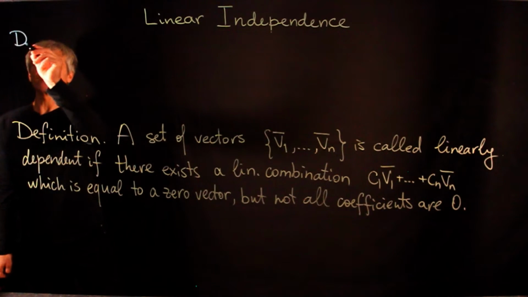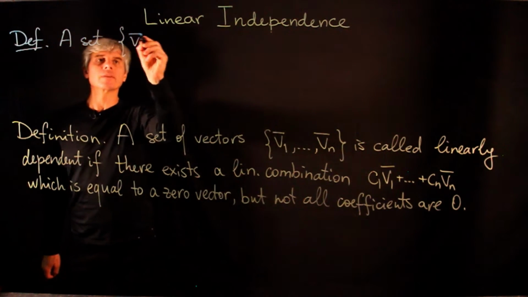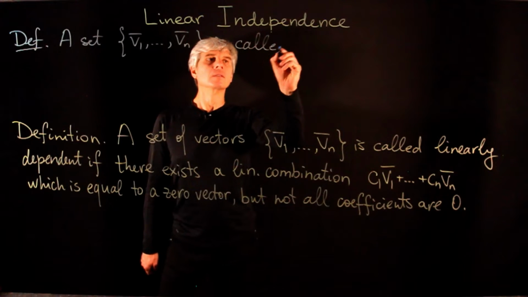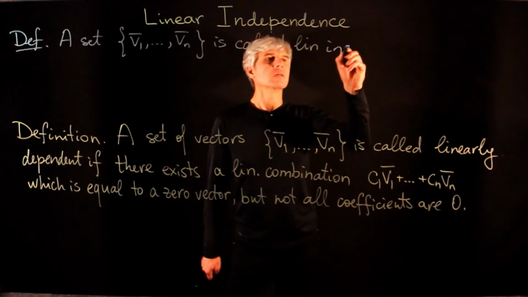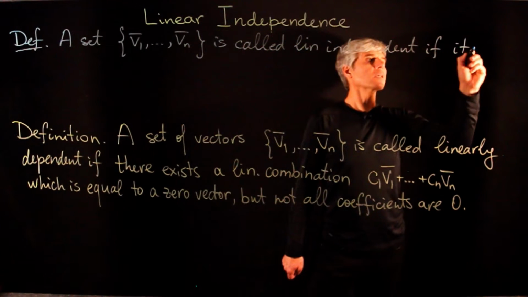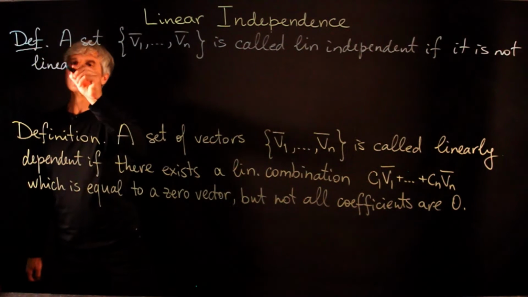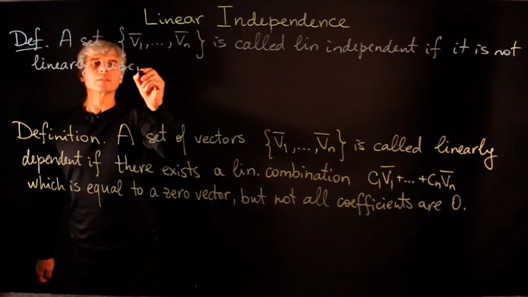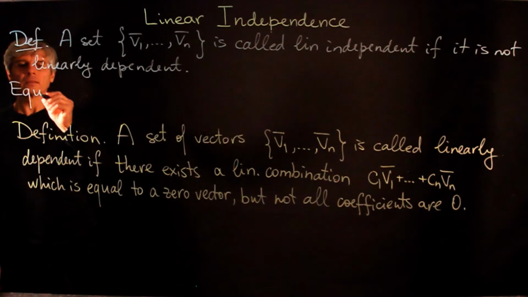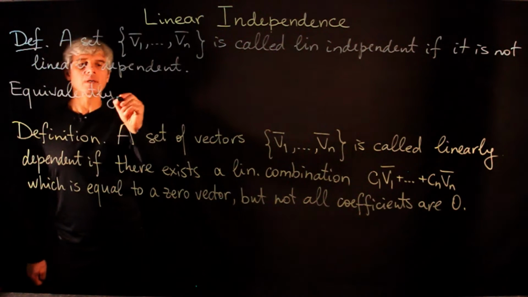And now we say that a set of vectors v1 through vn is called linearly independent if it is not linearly dependent. So equivalently, this can be formulated in the following way.